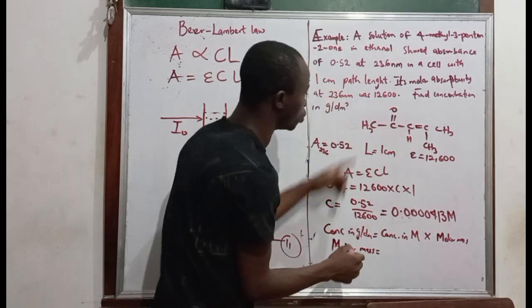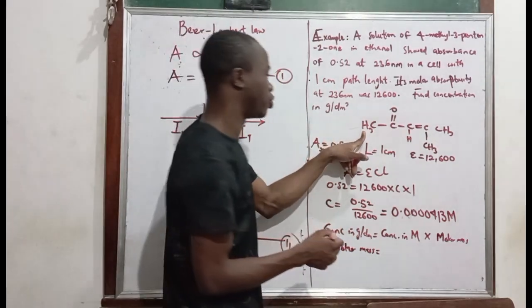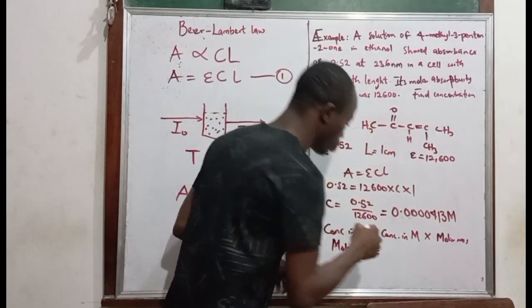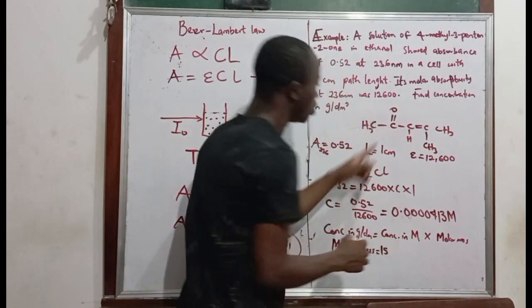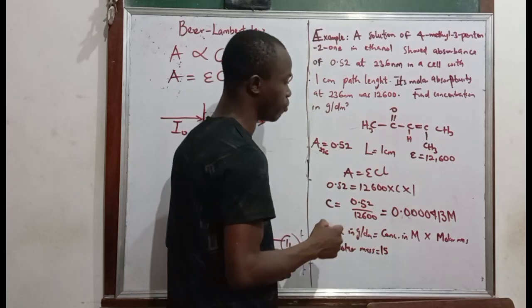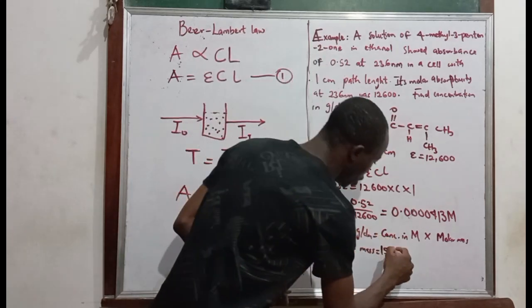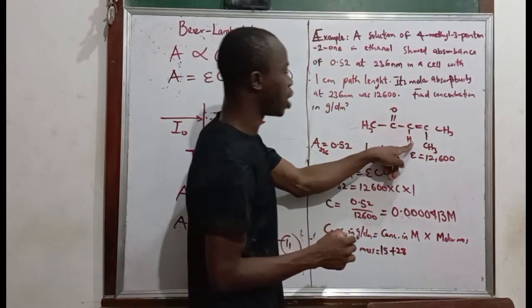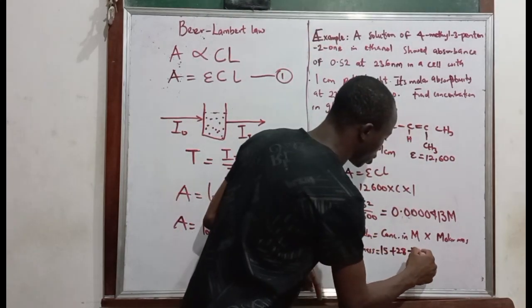will be equal to CH3, which is 15, because hydrogen is 1 and carbon is 12. So we are going to have 15. CO, C and O, will give us 28. Carbon is 12, hydrogen is 1, that will give us 13.